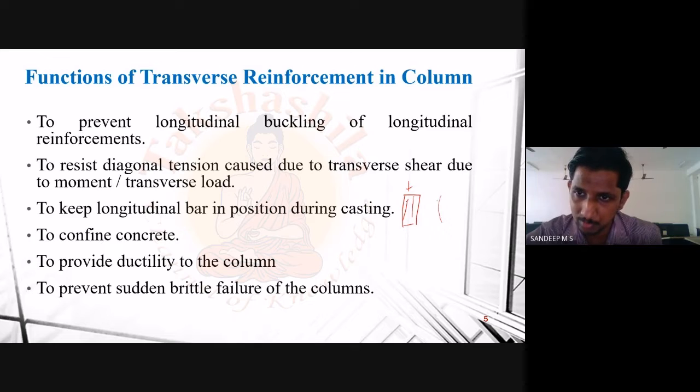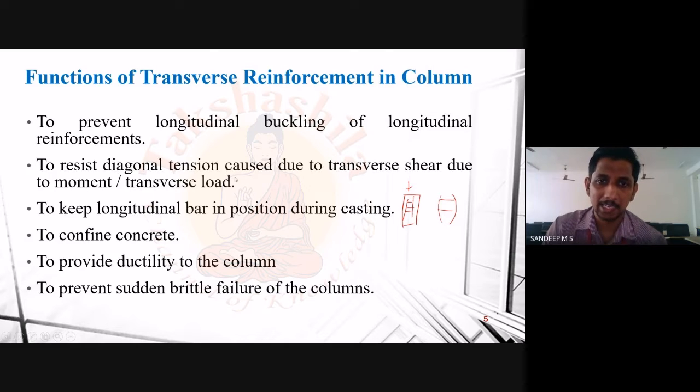This one will buckle in this direction and this will try to buckle in this direction. So we will provide ties like this. When these bars have a tendency to get bent like this, these ties will hold them together. They will not allow them to get buckled or bent in this shape. So that is one of the important functions of our ties, to prevent the longitudinal buckling of longitudinal reinforcement.